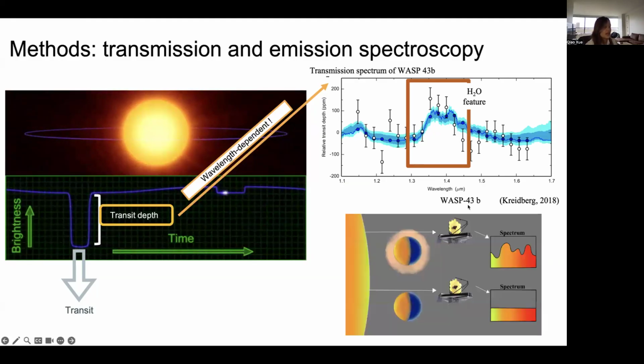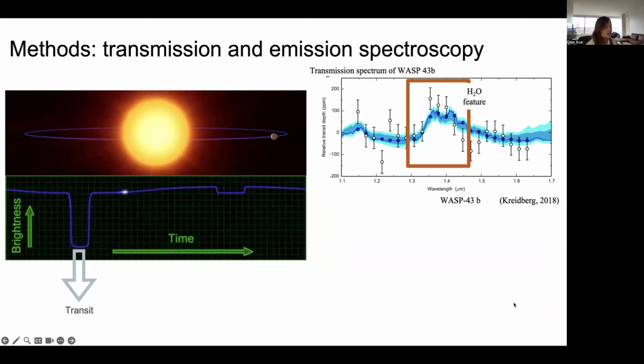So basically, if a planet has an atmosphere, then it leaves features on the observed transmission spectrum. However, if the planet does not have an atmosphere, or it has a very cloudy or opaque atmosphere, then the measured transmission spectrum would be nearly featureless.